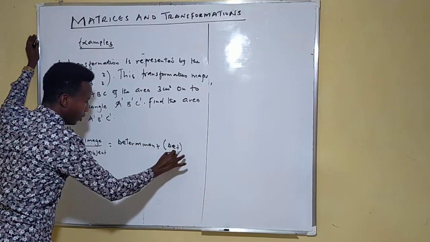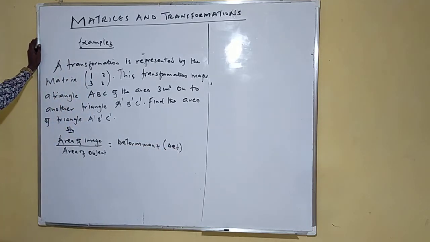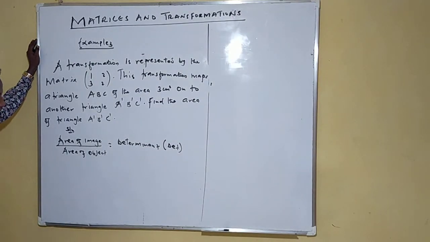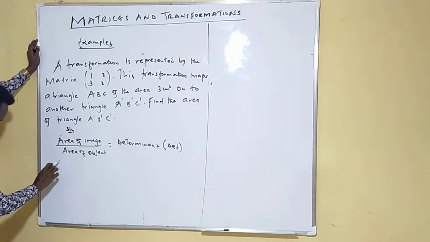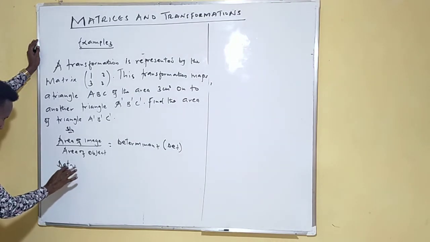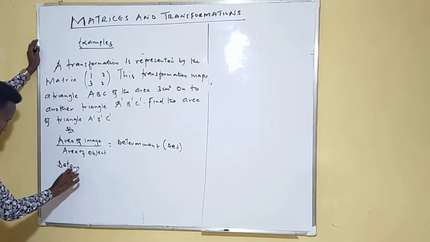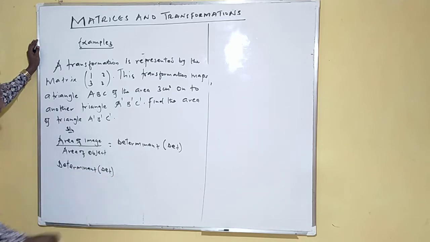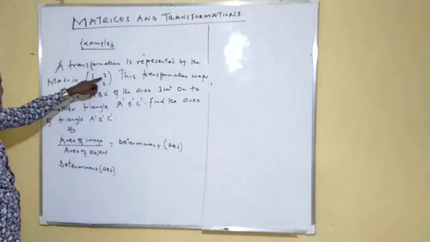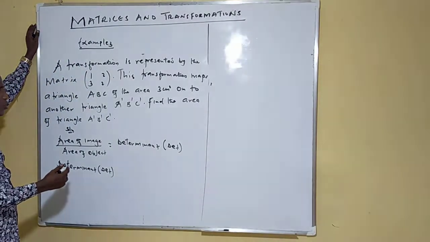The mathematician will see det in the examination when you don't have enough space. Now the question is, how can I get det? The determinant is gotten as the main rule.